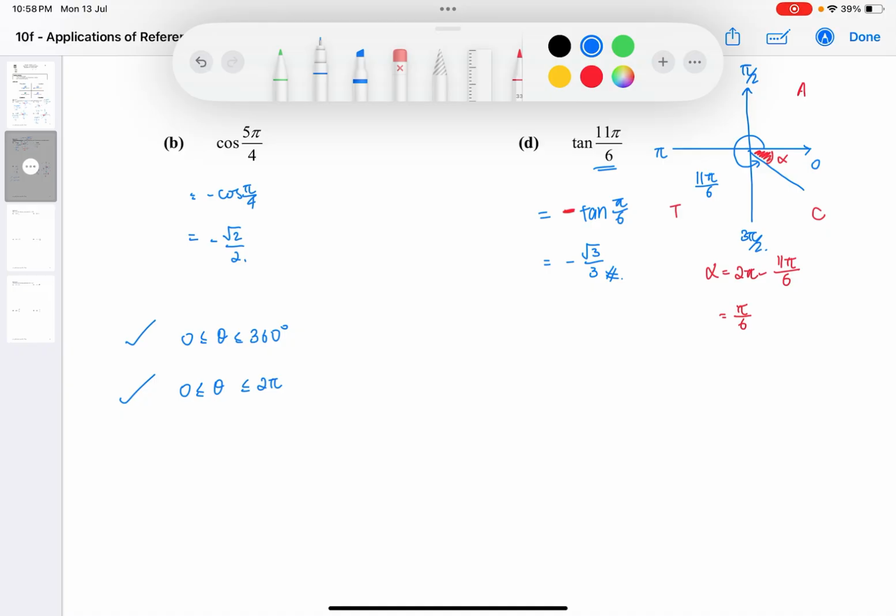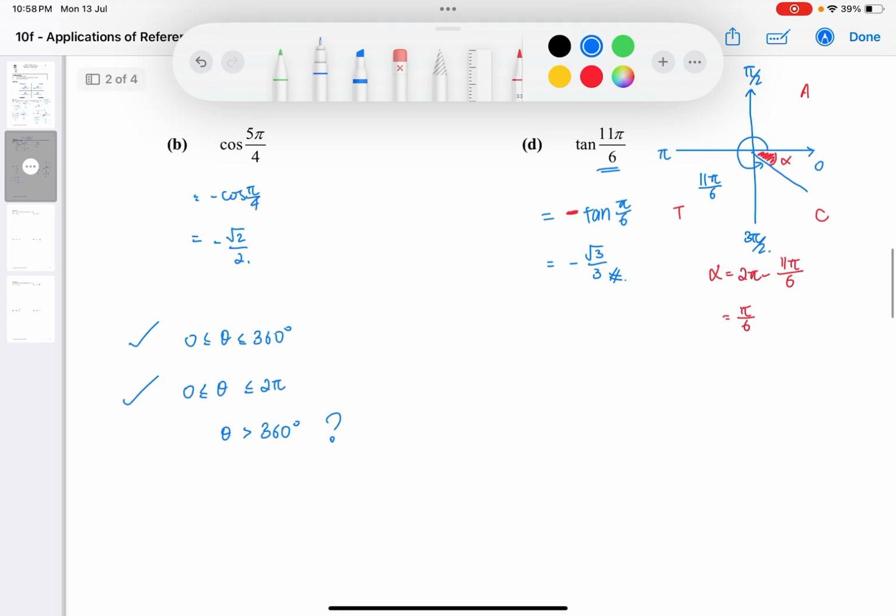What happens if we cover even bigger angles that are greater than 360 degrees? And what happens when we go lesser than 0? These are the negative angles, and these are the angles beyond 360.